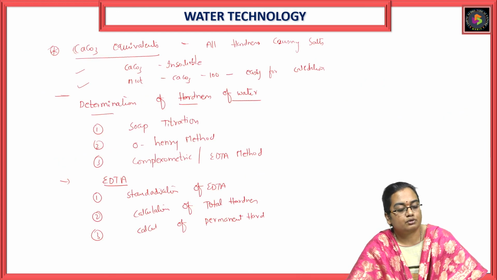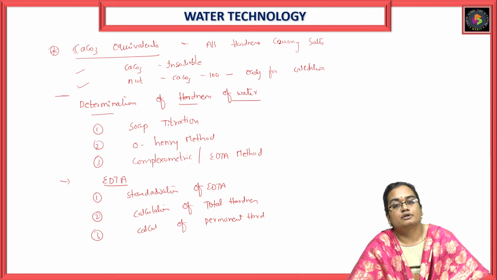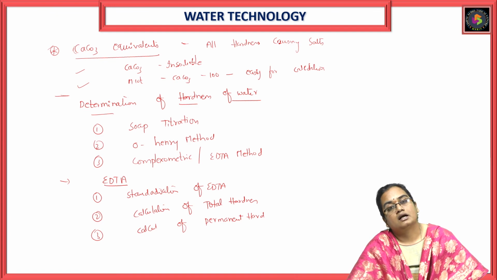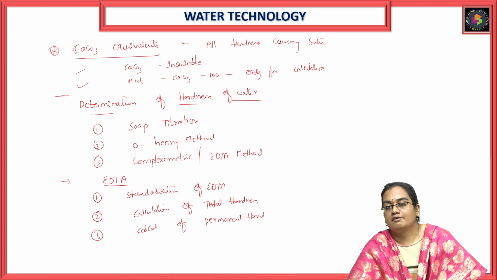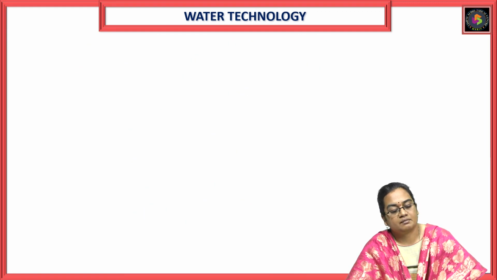Later we discussed why all hardness-causing salts are converted into calcium carbonate equivalents: it is because calcium carbonate is highly insoluble and its molecular weight is 100, which is easy for calculation. And later we discussed how to determine hardness of water. We have various techniques, but EDTA is the best method and it is included in our syllabus.